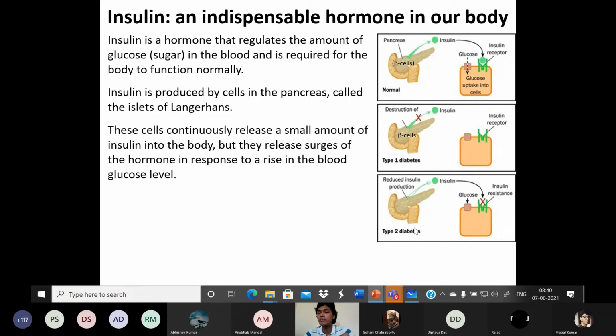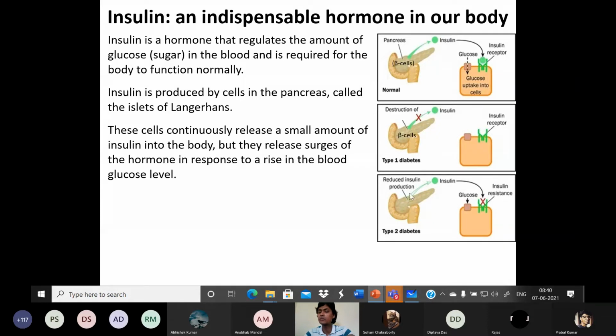Then another category of diabetes is called type 2 diabetes, which is more prevalent in India. Mostly in the Indian population, you will not get type 1 diabetes. Type 1 diabetes is found mostly in Norway, Sweden, mostly those Western countries.